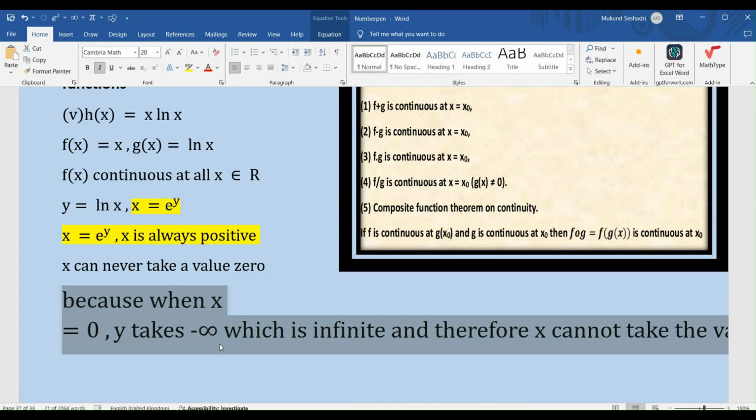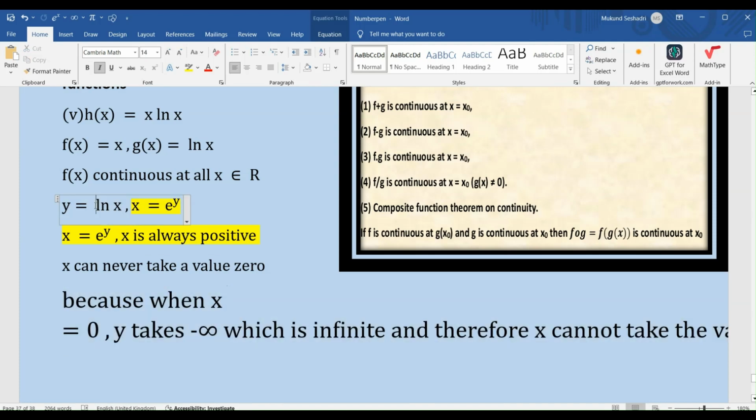Because when x takes the value 0, we see that y takes minus infinity, which means our g of x, what is our y? Y is nothing but g of x, right? So let me call that out here. G of x becomes minus infinity, which is undefined, right?